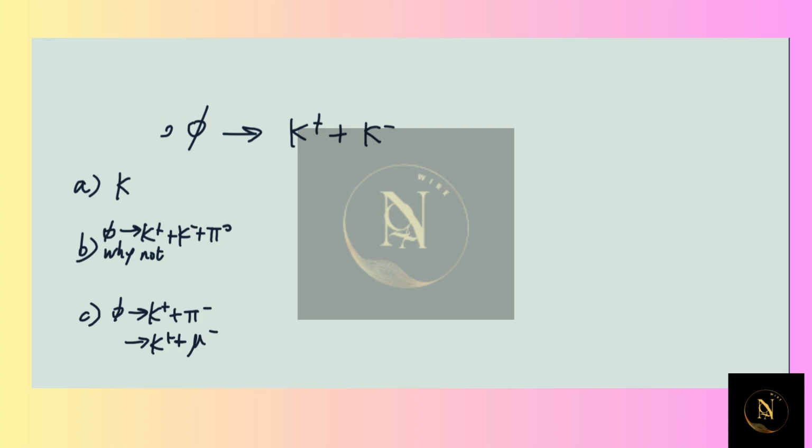In this reaction, the total energy released is the energy equivalent of the mass decrease. So the mass decrease delta M is the mass of phi minus the mass of K plus minus the mass of K minus. So we look up table 44.3.